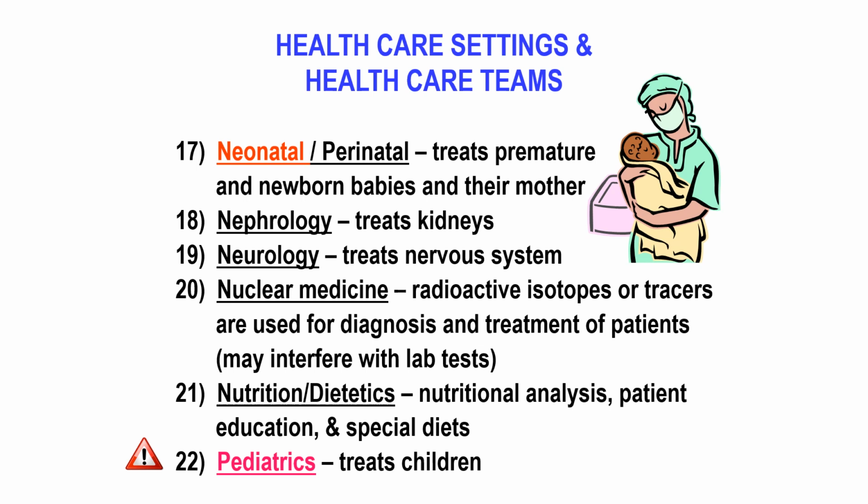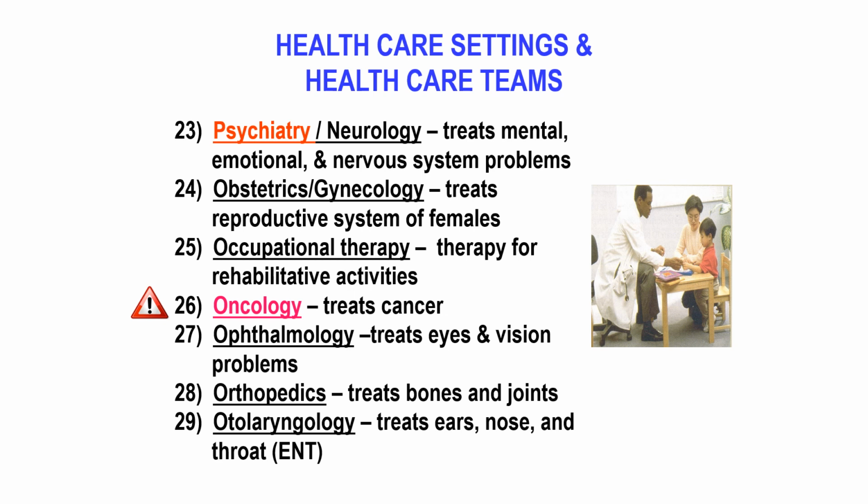We need to understand they deal with nutritional analysis of patients, educating patients, and handling patients who are on special diets. We have pediatrics, they treat children. Then we have psychiatry or neurology. These treat mental and emotional issues, including nervous system problems.